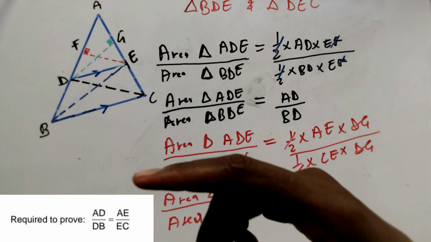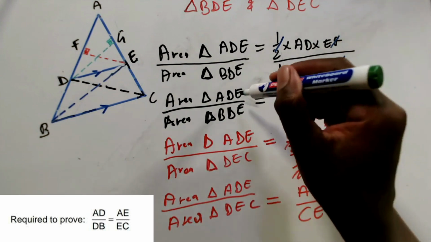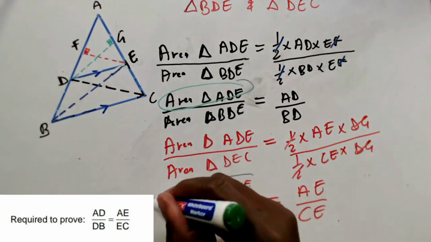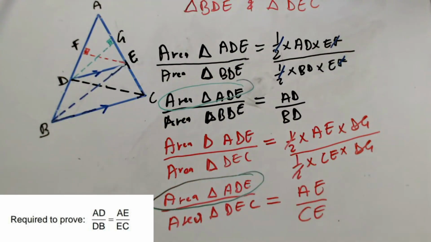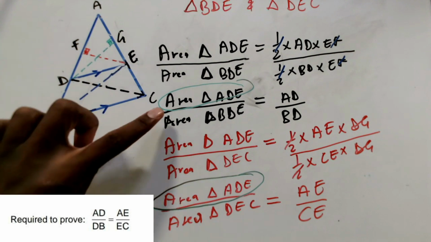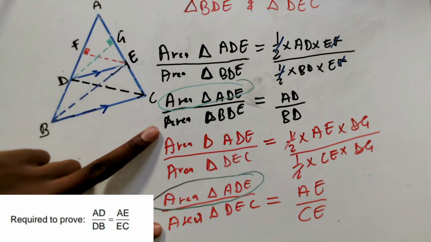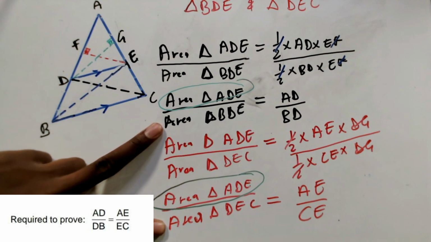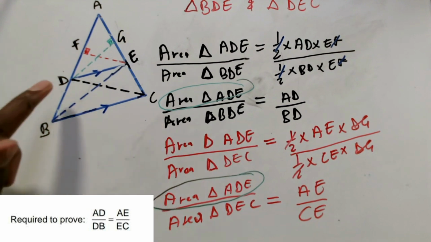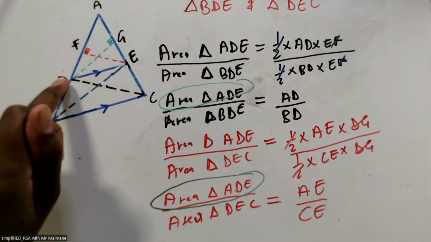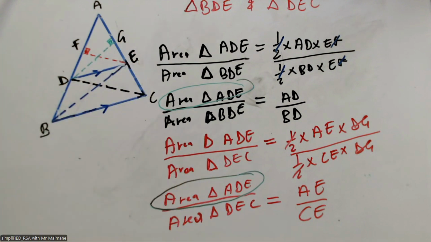If you notice, the top part is the same for both, the area of triangle ADE. But the bottom part, we have the area of triangle BDE and the area of triangle DEC.